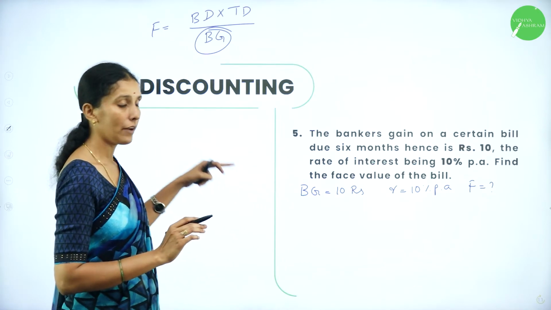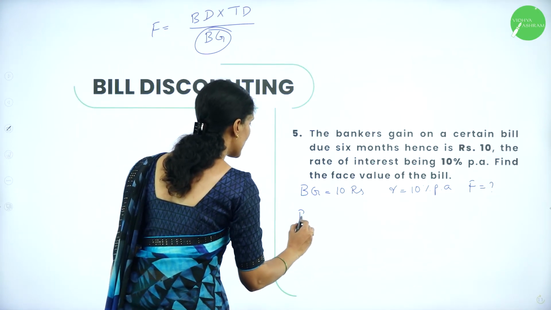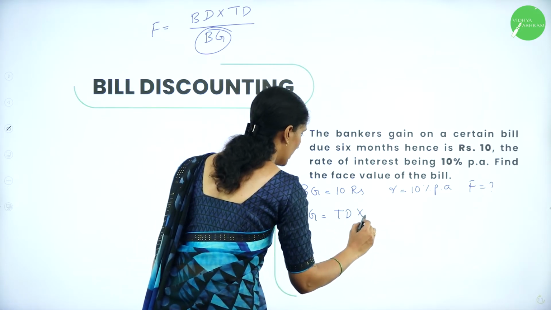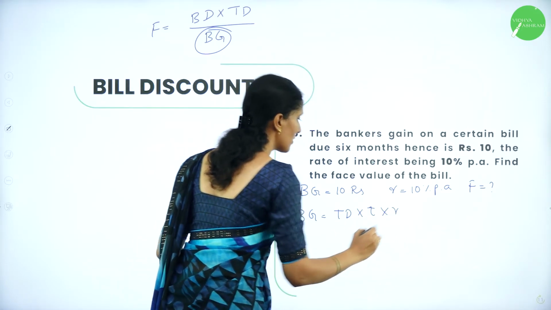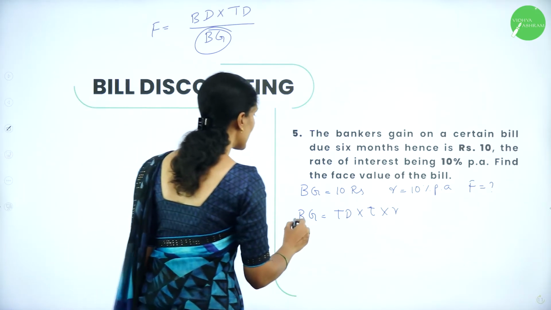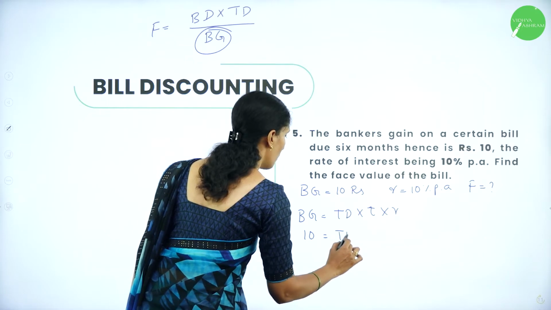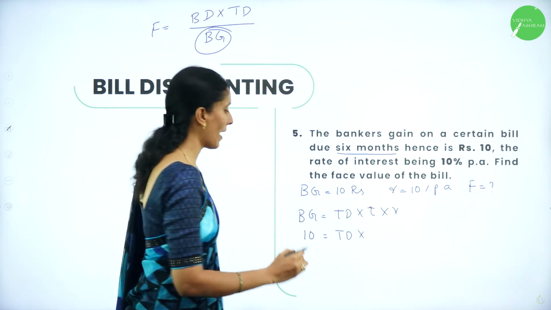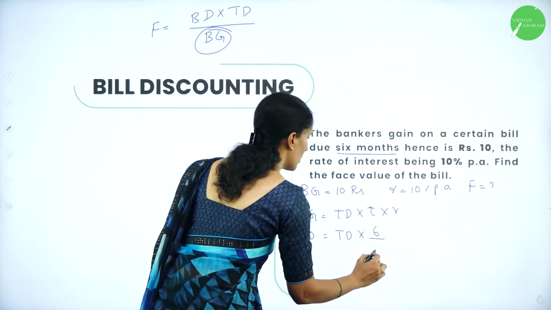To find banker's discount, I can find the true discount value whenever the banker's gain is given. So what is the formula for that? That is banker's gain is equal to true discount into T into R. So this is one more formula to find the banker's gain. Now banker's gain is 10, true discount. Time is given as 6 months, that means 6 by 12.